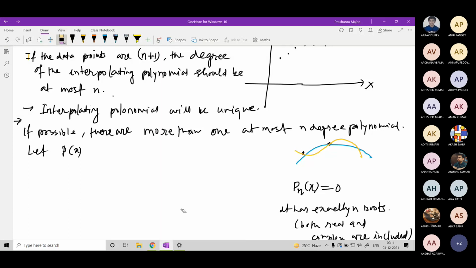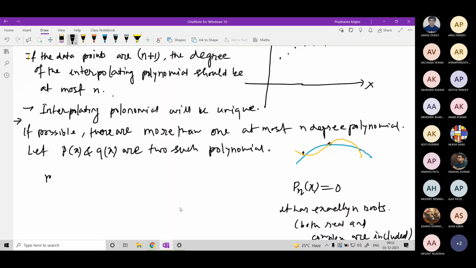So P(x) and Q(x) are two such polynomials. P(x) is of degree at most n, Q(x) is of degree at most n.